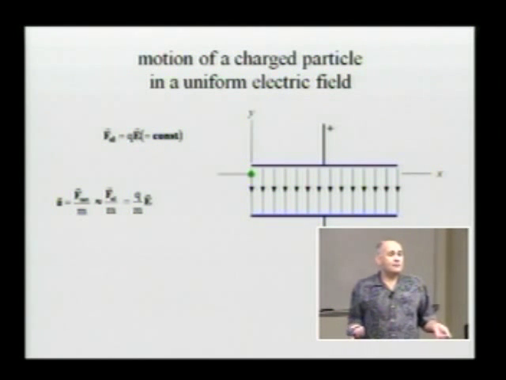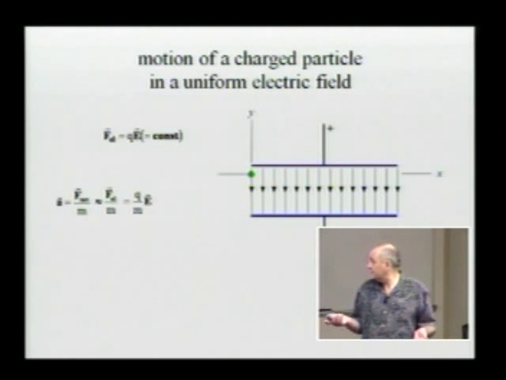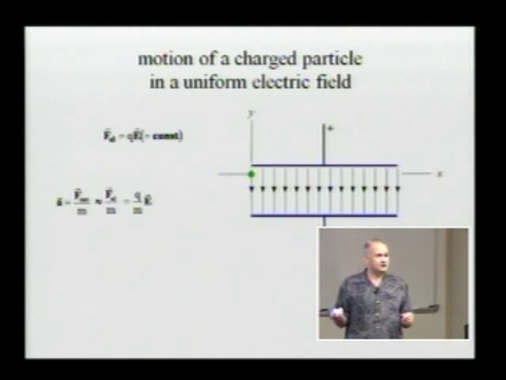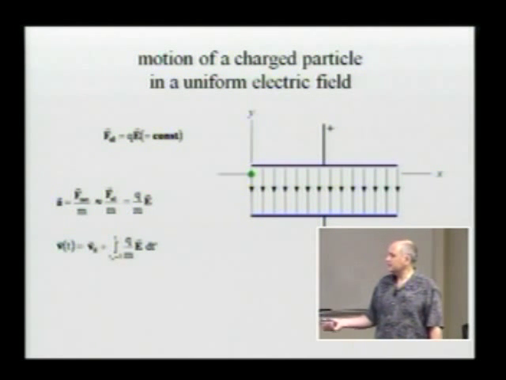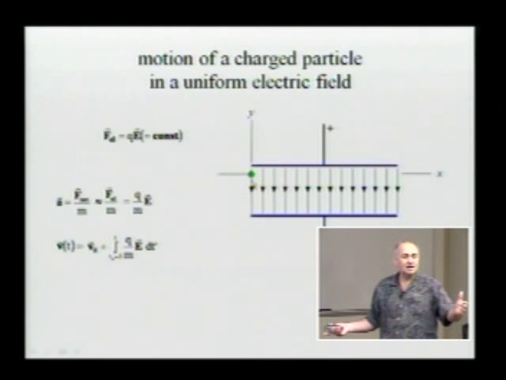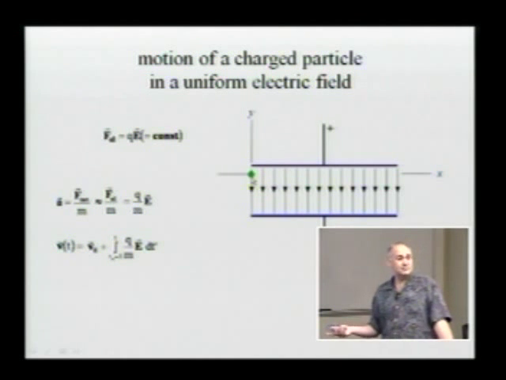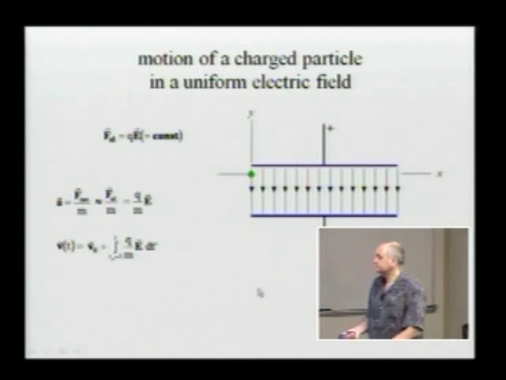If we know acceleration, we can predict what will happen with velocity, provided that we know velocity at a particular instant. So let's say that we know velocity at the initial instant, when we turn on our clock, and let's say that we turn on our clock when the particle enters the field. So velocity at an arbitrary instant t is equal to the velocity at the initial instant plus the integral of acceleration.